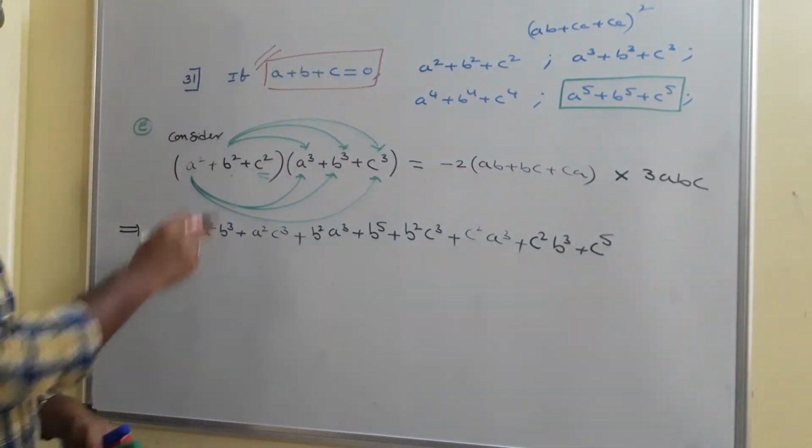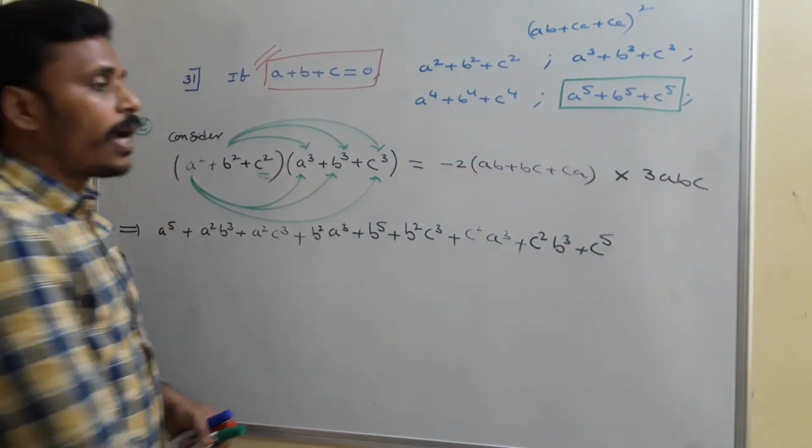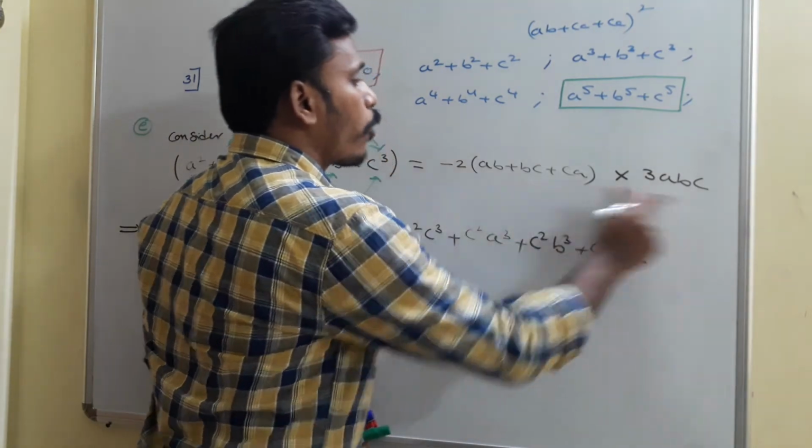These are the 9 terms if you multiply these two, and this is equal to this product.